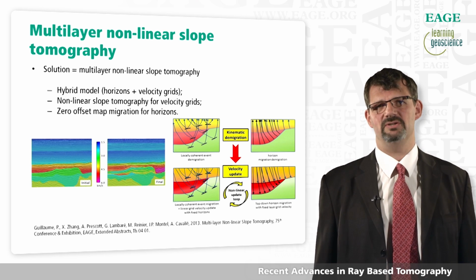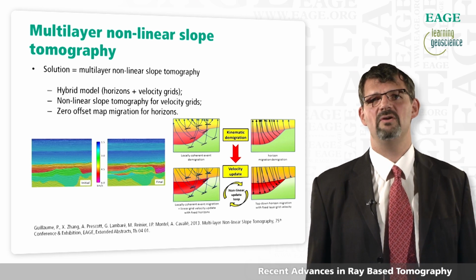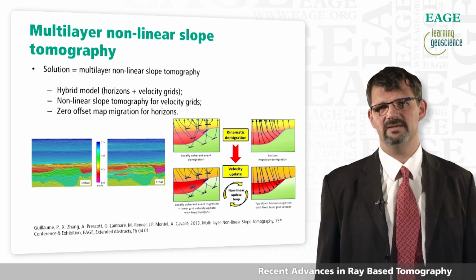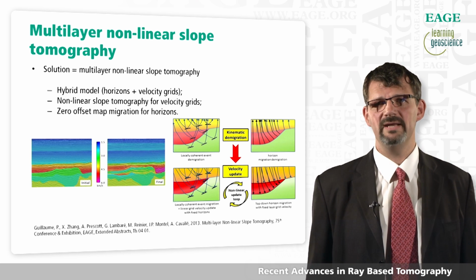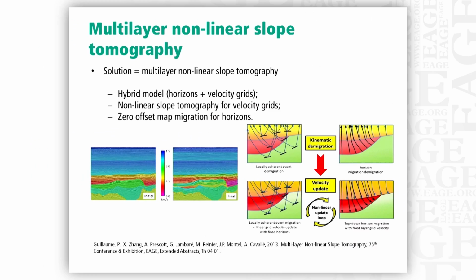First, a description of a hybrid model involving horizon and velocity grid. The velocity grid is obtained by nonlinear slope tomography in a very classical way, while the other component of the velocity model, the horizon, is updated through the nonlinear updating process by zero offset migration.